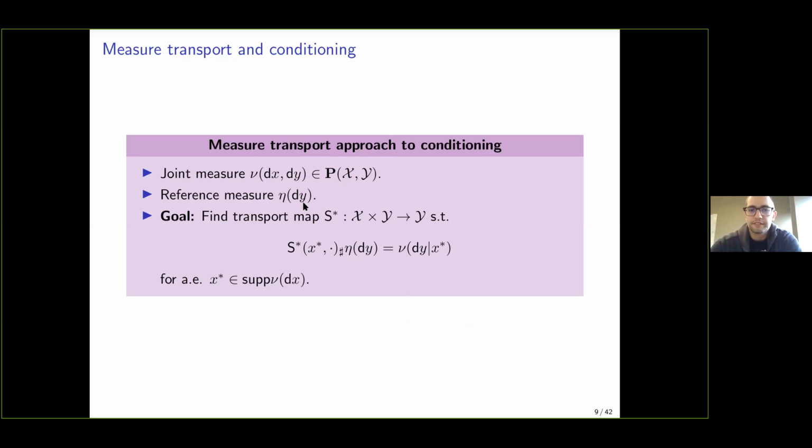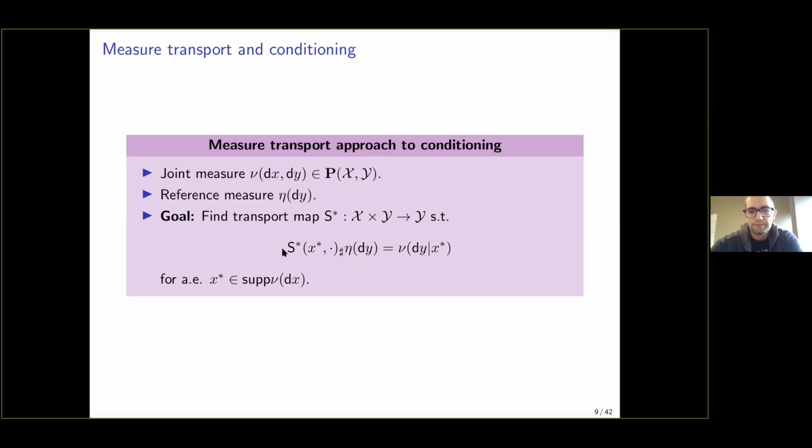You pick a reference measure eta on Y, and your goal is to find a map S going from the product of X and Y to Y, such that if you evaluate this map S at a new input X star, so if you fix X star, it's now a map from Y to Y, you can push your reference measure eta through this map S star.